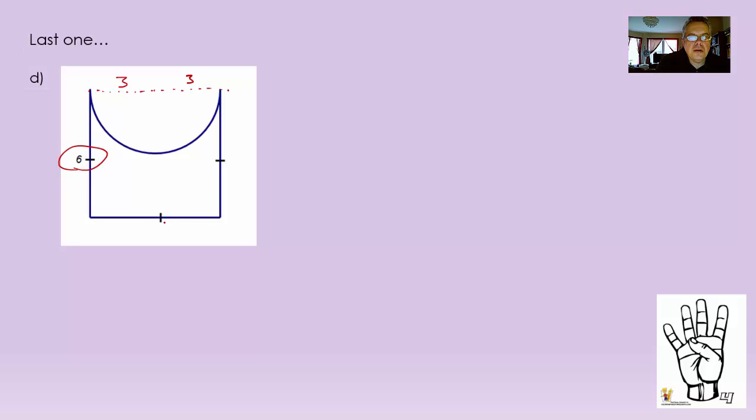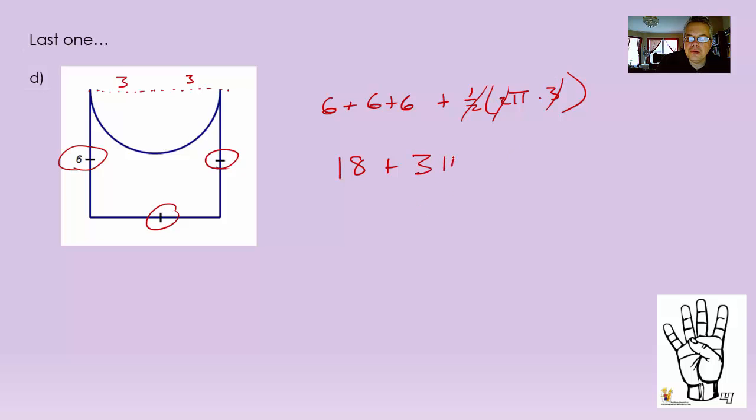We've got three sides that are 6 units long, so 6 plus 6 plus 6. Then we throw in an expression for the semicircle, so 1/2, 2 pi times the radius. Three sixes is 18, plus 1/2 times 2 is 1, times 3 is 3. So it's 18 plus 3 pi. Finished.